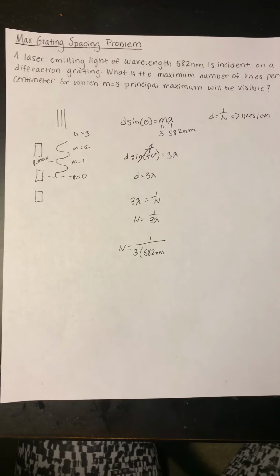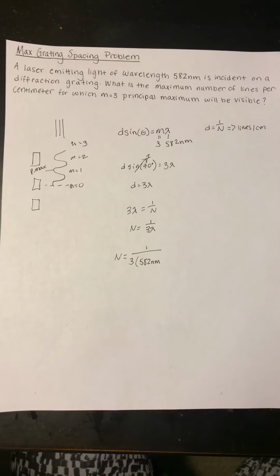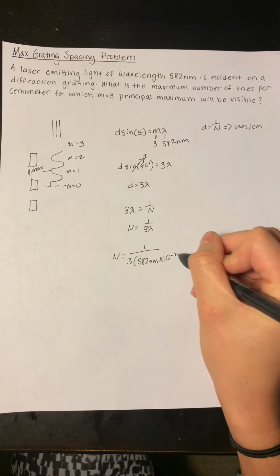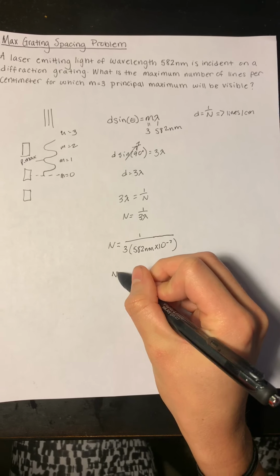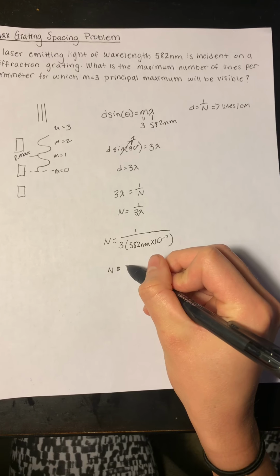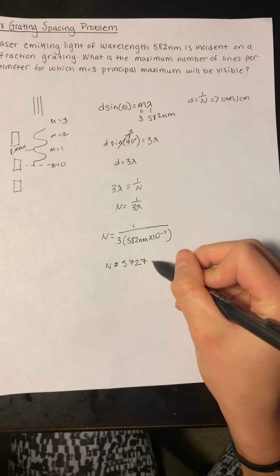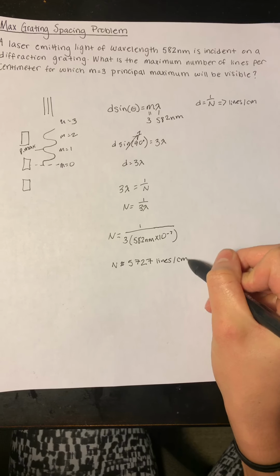But we need to convert this to centimeters, so we get lines per centimeter. So we multiply this by 10 to the negative 7. And this ends up giving us approximately 5,727 lines per centimeter.